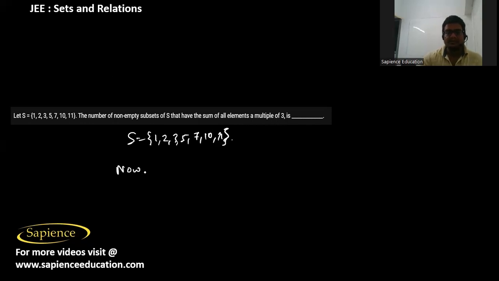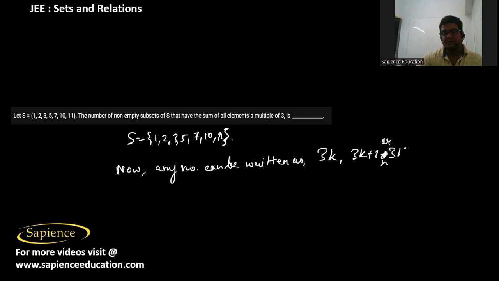So now any number can be written as either 3k or 3k plus 1 or 3k plus 2, where k is some integer. Since if any number is not divisible by 3, then it will either have the remainder 1 or the remainder will be 2.